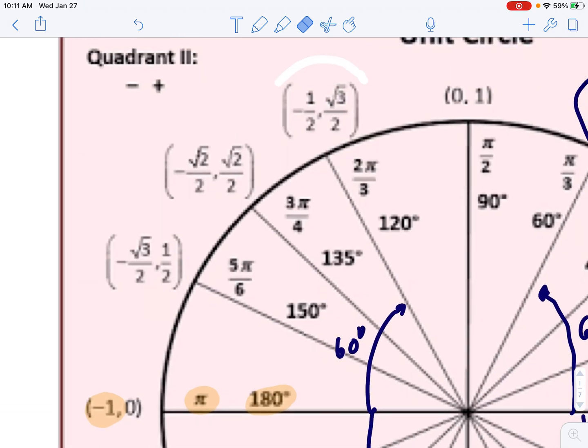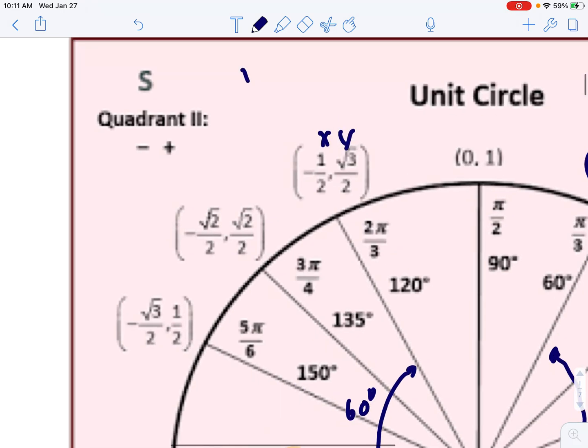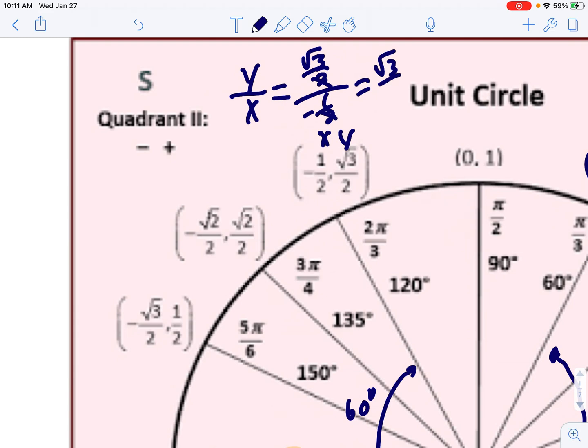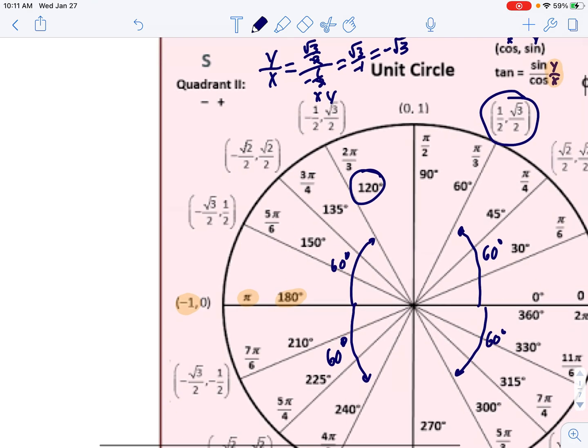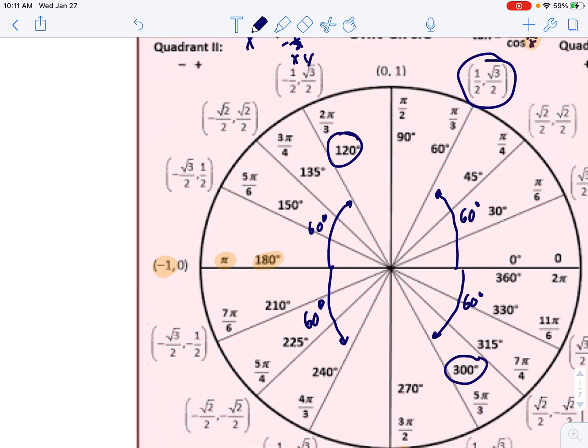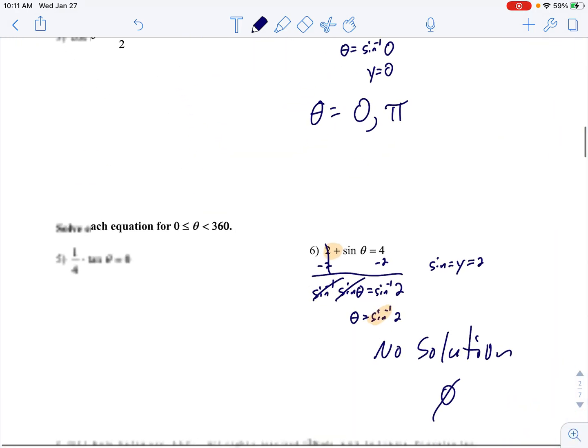But this one up here, if we do y divided by x, that's square root of 3 over 2 over negative 1/2. Again, the halves cancel, gives us square root of 3 over negative 1, which works out to be negative square root of 3. So 120 would be our other answer. So it looks like 300 degrees is one answer and 120 is the other answer.